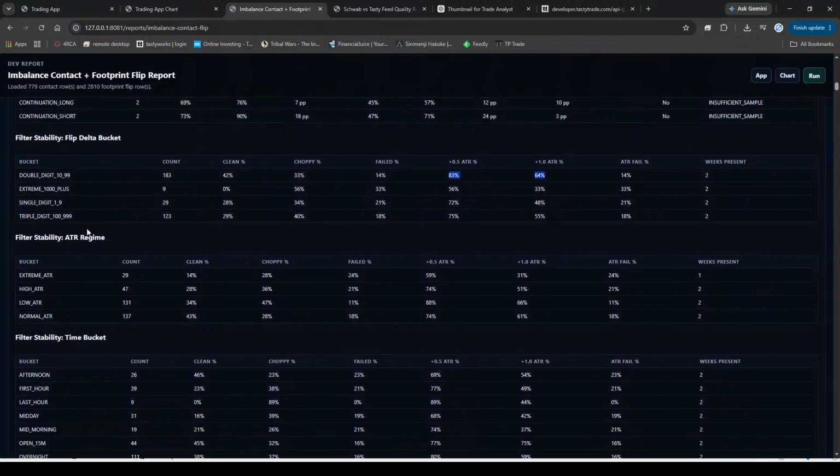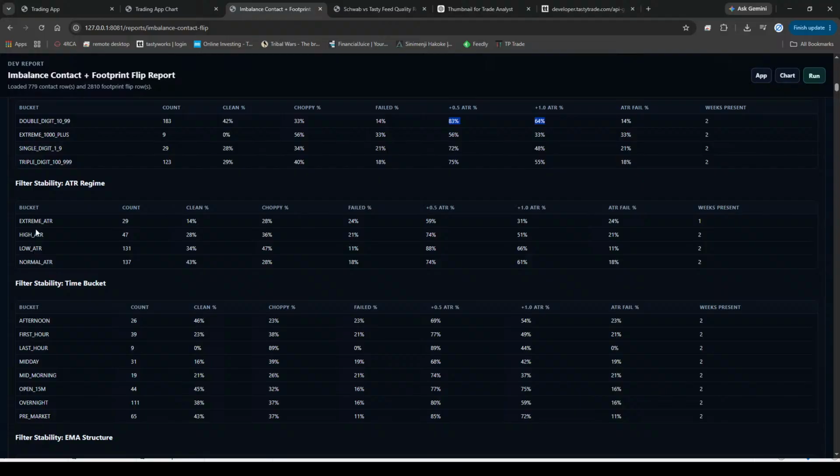Okay, so here we're looking at ATRs and how it came out on the ATRs. I don't think I have to find ranges yet. I just let the AI do a low, high, extreme, normal ATR. But you can see that in a normal ATR and the low ATRs, you hit that 0.5 ATR more often, but it's low ATR, so I'm already at a compressed range.